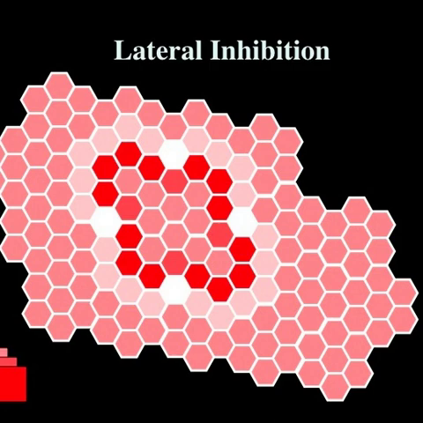And this is useful for 2 reasons. One, it gives us a better spatial resolution of the area of stimulation because we get this contrast between increased rate of action potential generation and decreased rate of action potential generation.